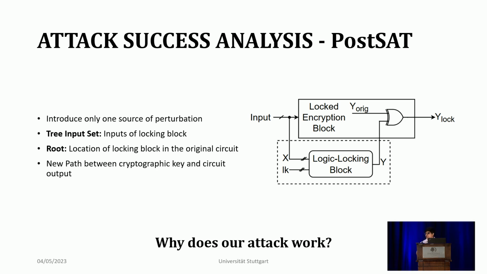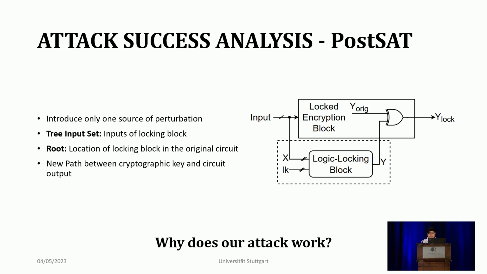One is the logic locking key, and the other is a tree input set represented by X here. This tree input set is a subset of the primary inputs of the circuit for anti-SAT, which is not good, and a subset of the primary inputs and some intermediate wires for stripped functionality logic locking, which we will see is a little bit better.